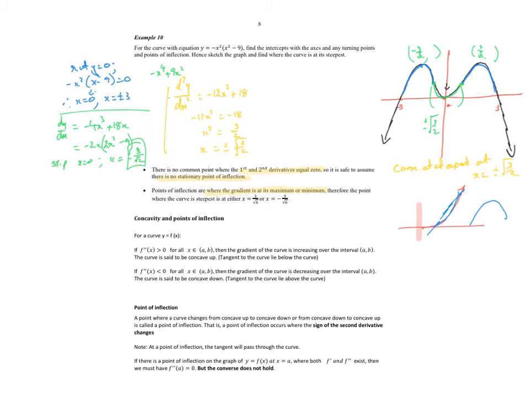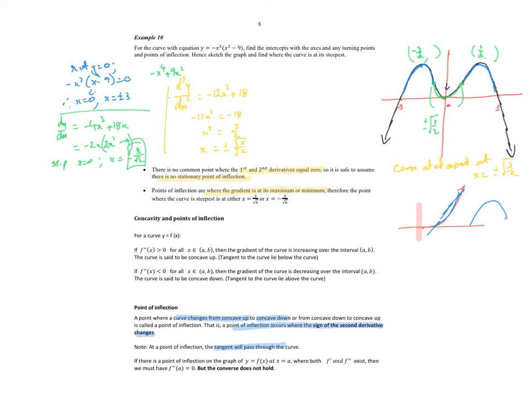Okay, and that's what we talk about here. The point of inflection occurs where the sign of the second derivative changes, where the curve changes from concave up to concave down, or vice versa. Okay. Now, at the point of inflection, the tangent will pass through the curve. It's sort of neither here nor there.